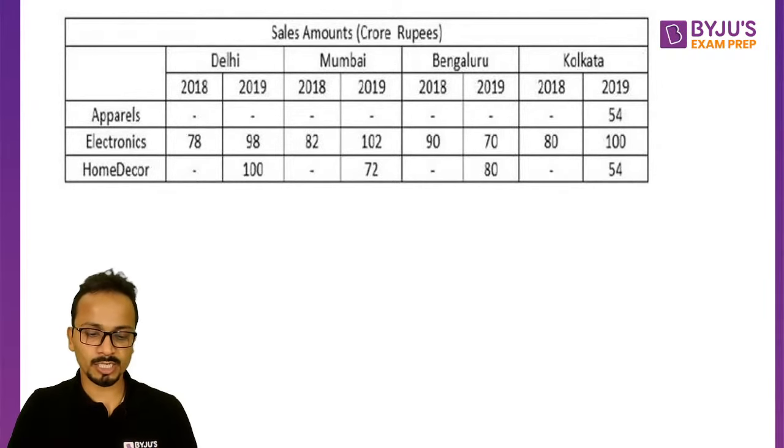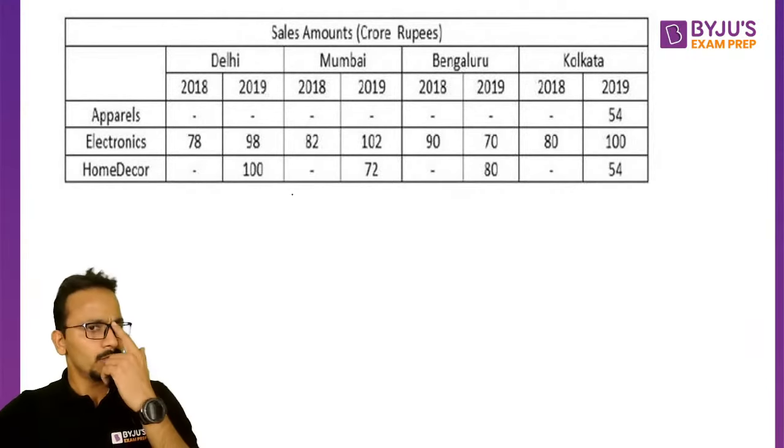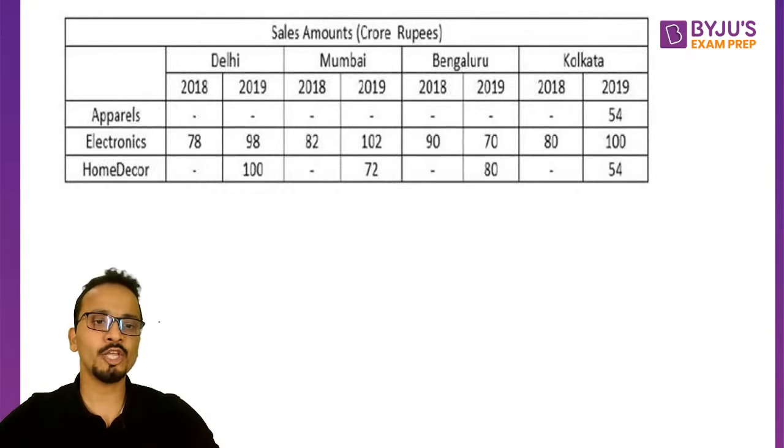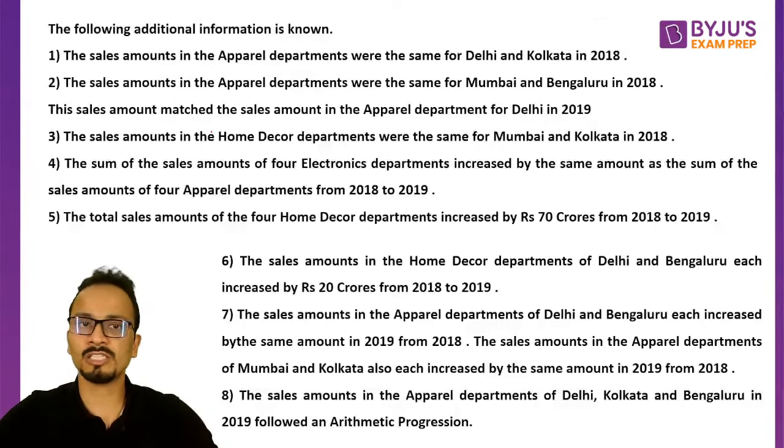All right. Now let's talk about this data. Now there is a lot of information that was given on the previous slide, and this is a partially filled table. So let's look at each of these pointers one by one, and using those pointers, I'll be feeding the information in this table.